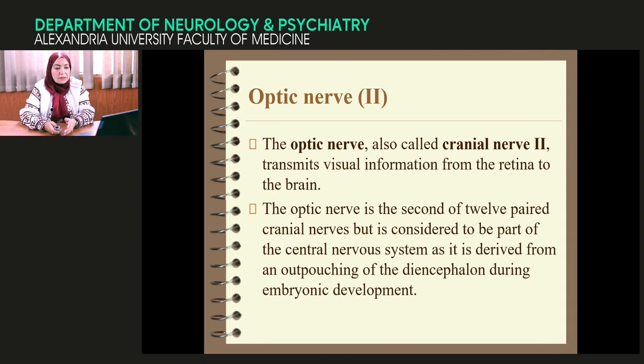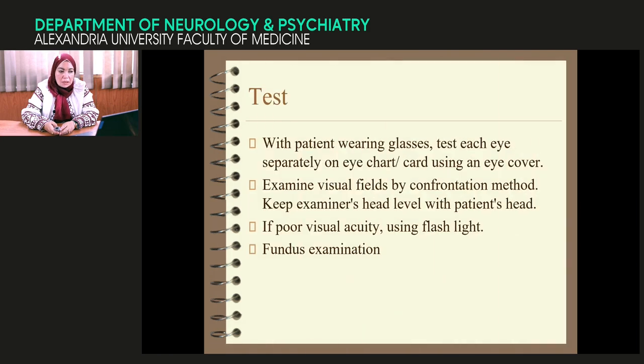The second one is the optic nerve. It is responsible for visual acuity, or vision, and it also originates directly from the brain tissue. To test the optic nerve, we must examine the visual acuity by counting fingers in our case. But if we need something more sophisticated, we send to ophthalmology and use the eye chart.